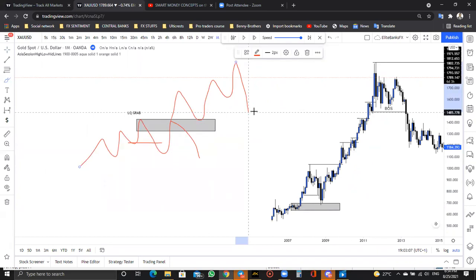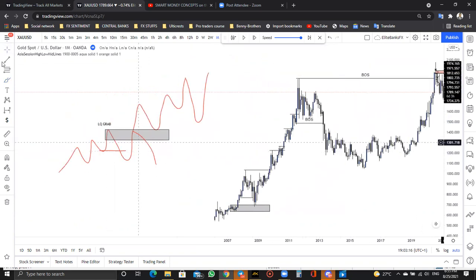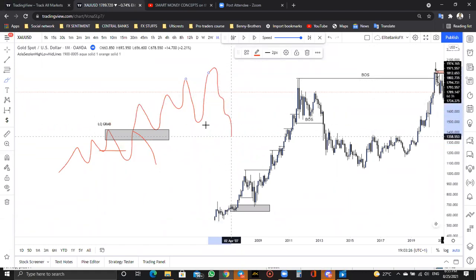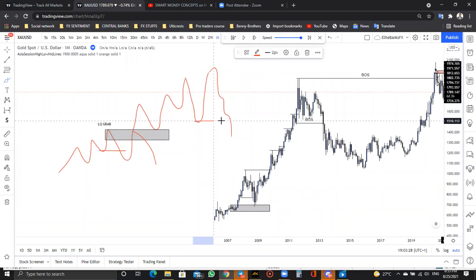A body close like this, then the price tends to still go up. I know this may sound strange to you, but just follow me. I'm not going to mislead you. Like this, we have that shift now. It breaks this structural point, not just this, but this.